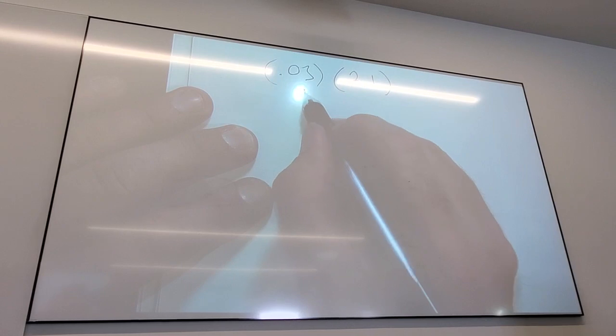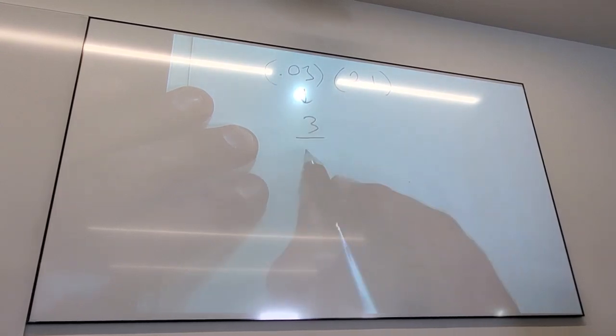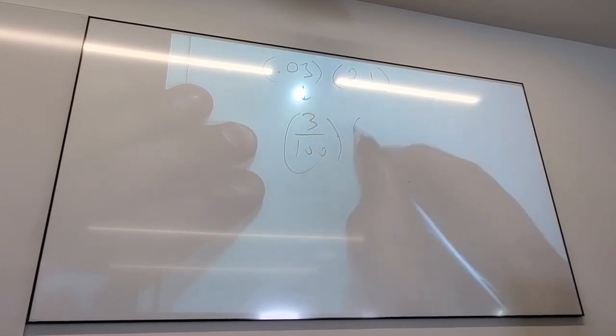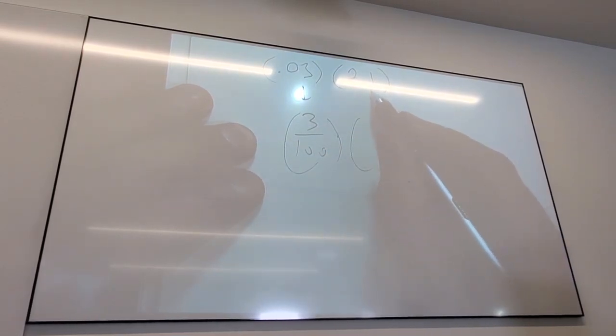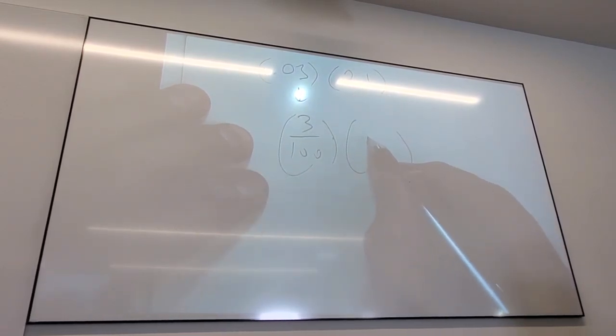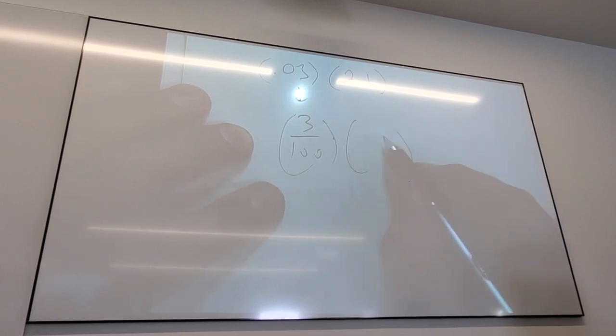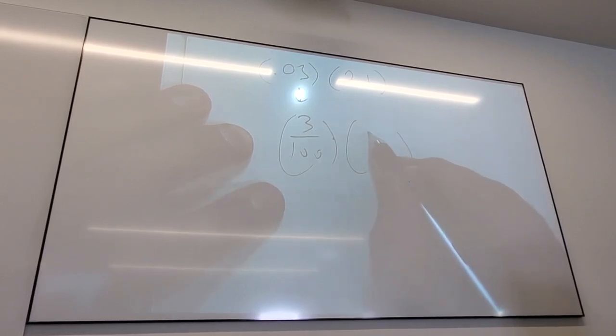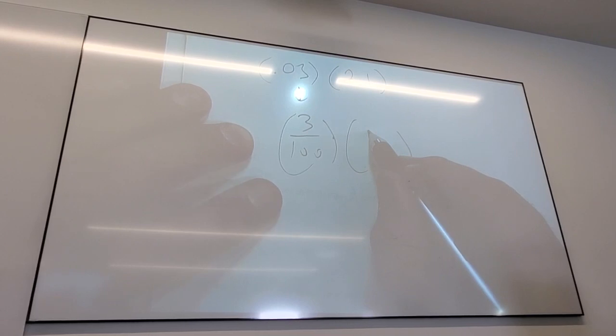Okay, so what do you got? What's this? 3 over 100? And then how would somebody write this one? 2 and 1/10. I did 21 over 10.